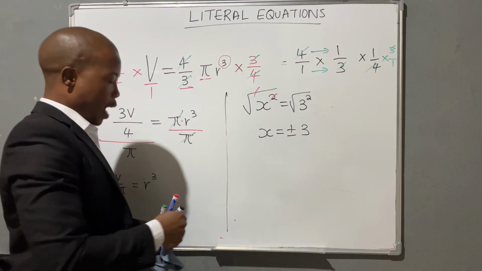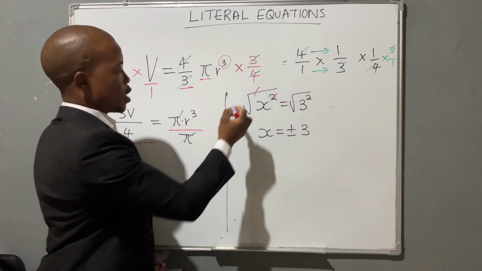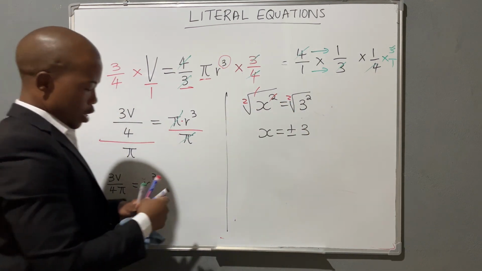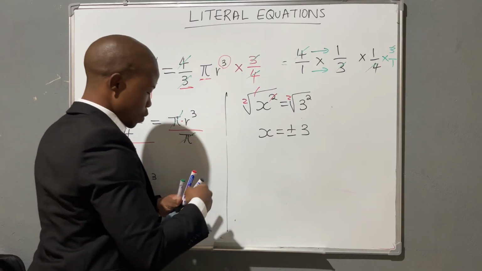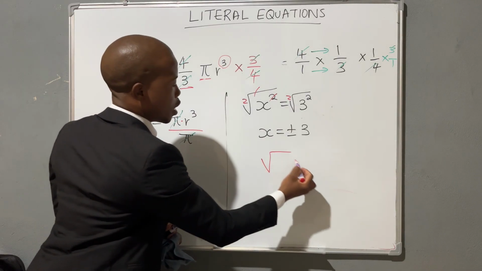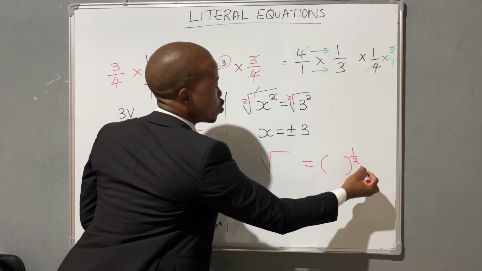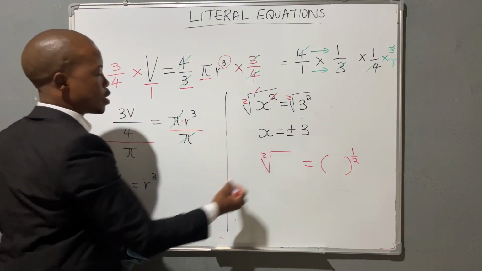Simply because the 9 there can be written as 3 squared. And I said we call this the square root because it has a 2 here. And I also mentioned that the square root is equal to the exponent 1 over 2, right?